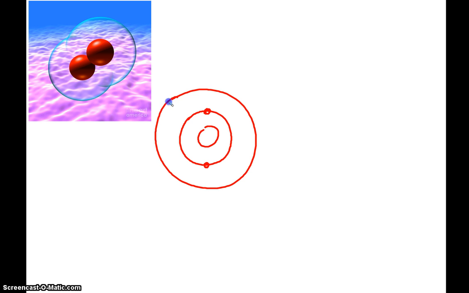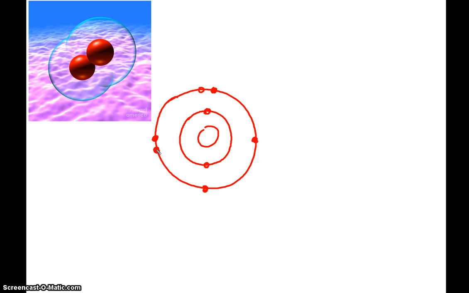So I'm going to put oxygen in the middle, and that O is for oxygen, not the inner shell. It has 2 electrons on the inner shell, and it has 1, 2, 3, 4, 5, 6 valence electrons. So it has 2 unpaired.